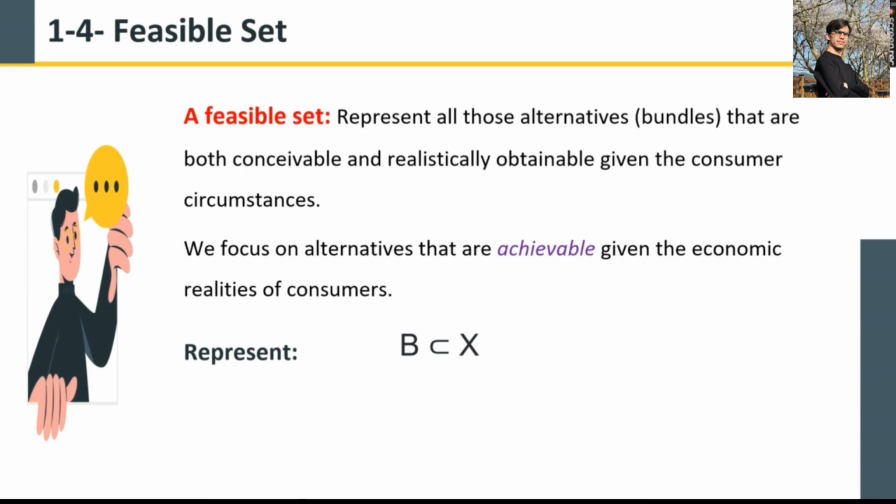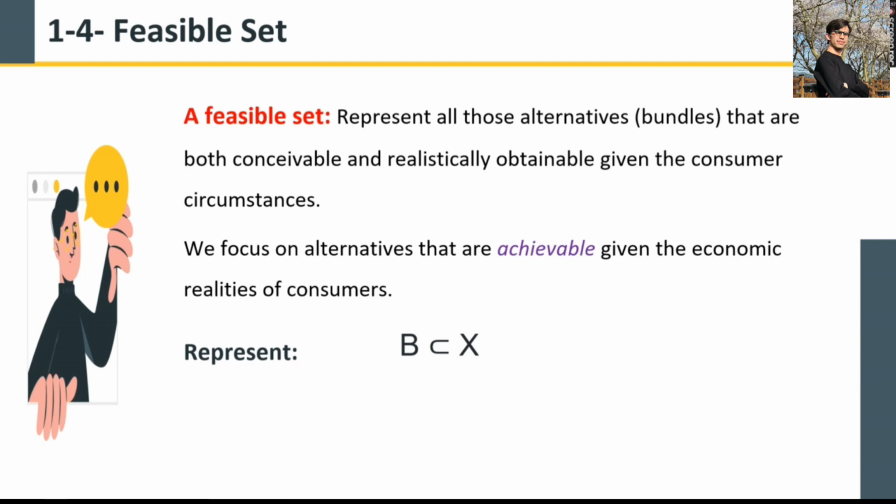And we focus on alternatives that are achievable given the economic realities of consumers. We represent the feasible consumption set as B, which is a subset of the bigger consumption set X. Out of that consumption set, B contains those bundles that are realistically achievable and also conceivable.